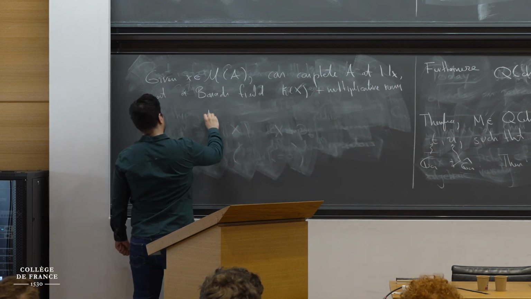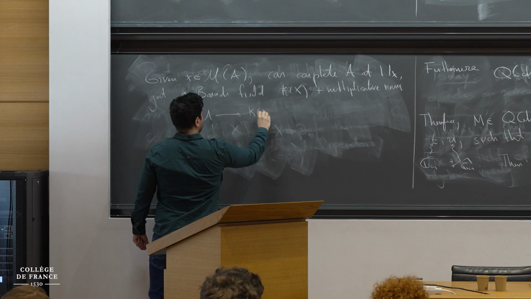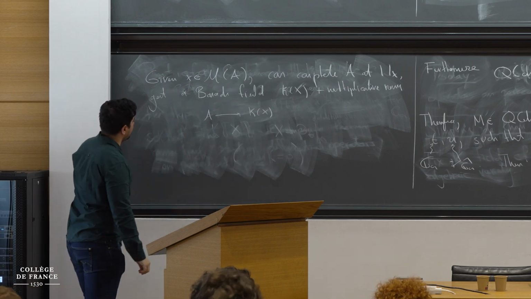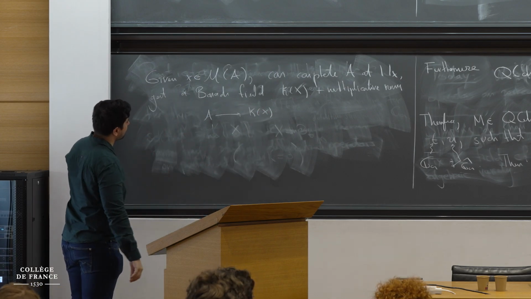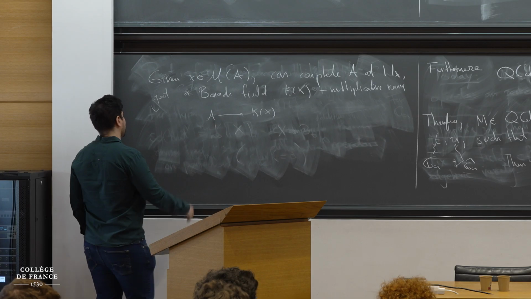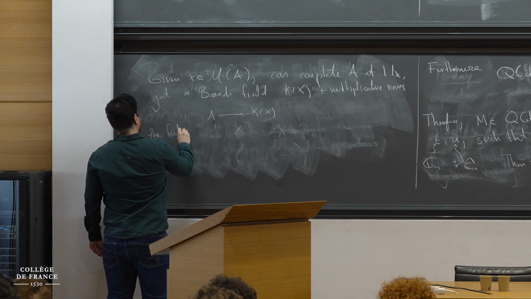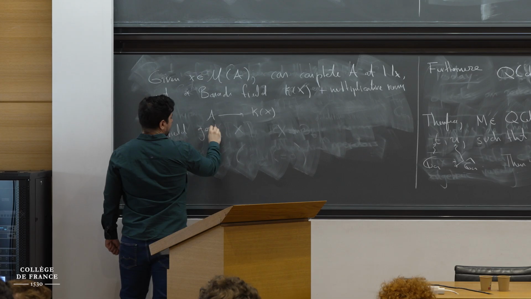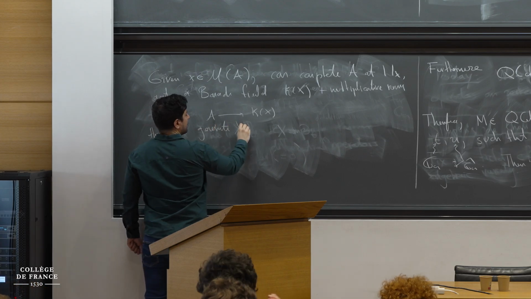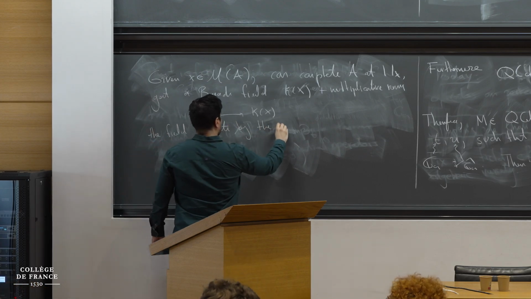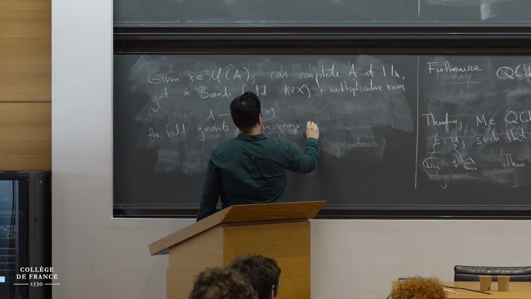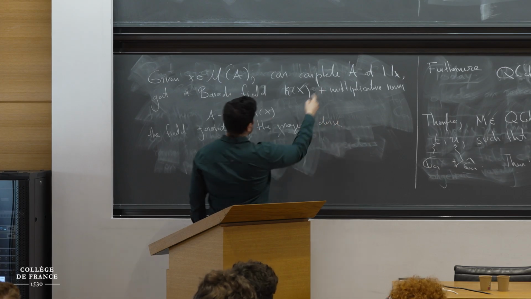So we do have a map like this. And this map is almost generally dense, but more precisely, the field generated by the image is dense, basically just by being the completion of something.